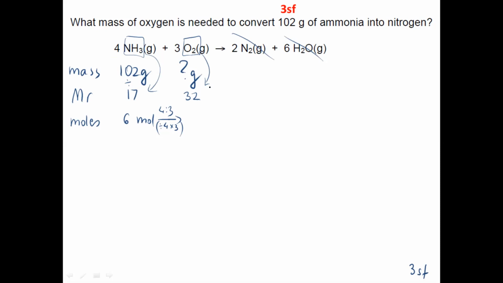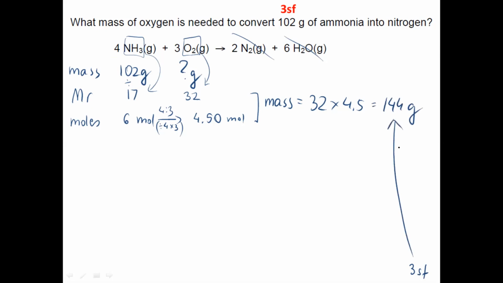So if you divide it by 4 and then times it by 3, you get 4.5 moles. Now you've got moles and MR, so you can work out your mass. It's 32 times 4.5, and that's 144 grams to 3 significant figures.